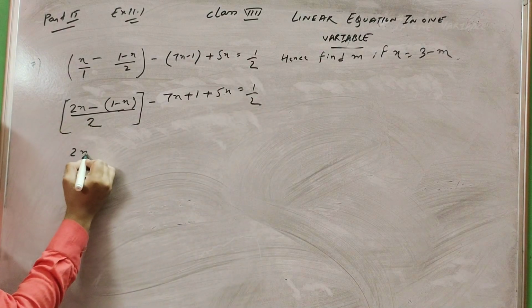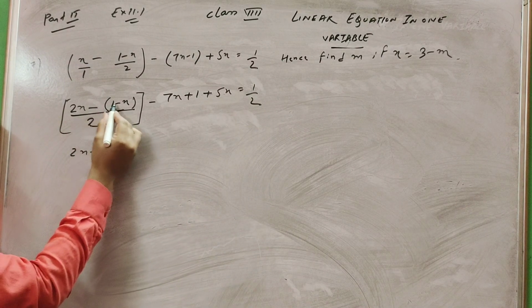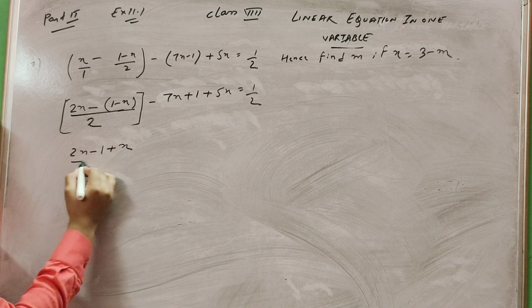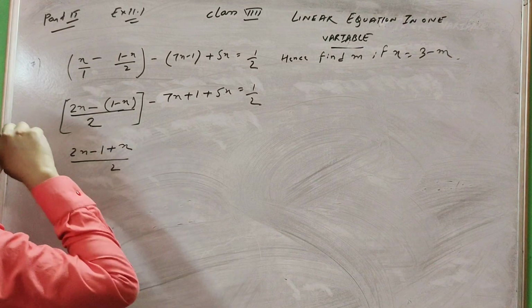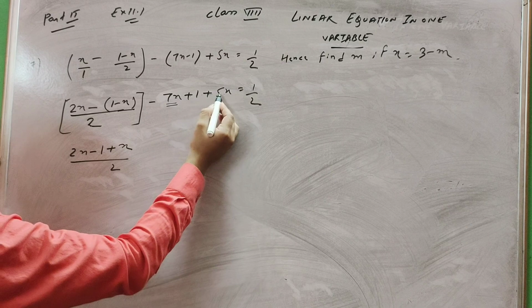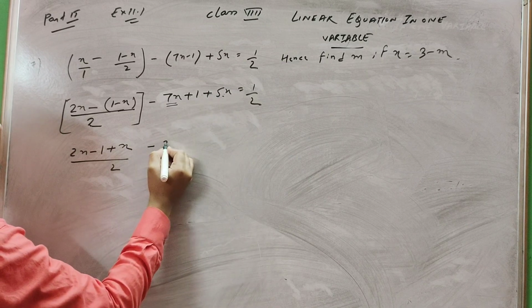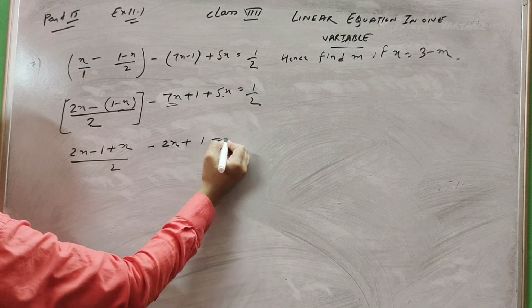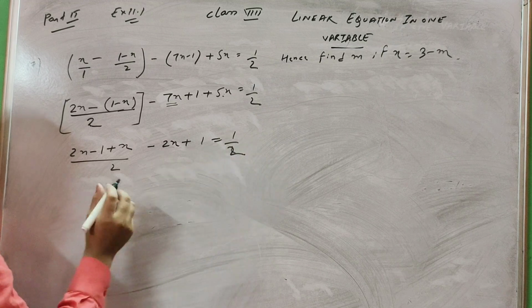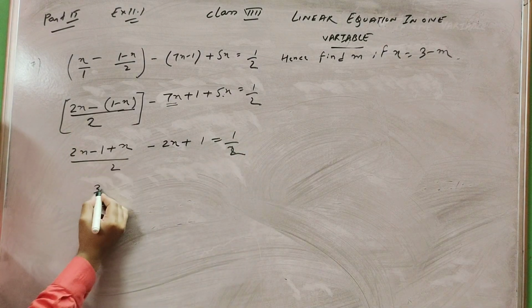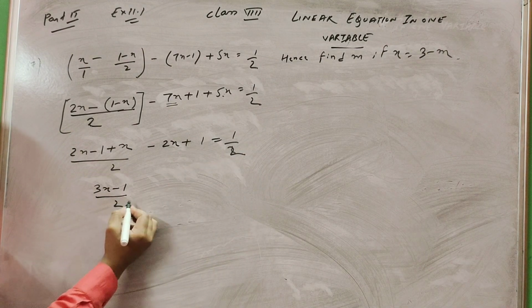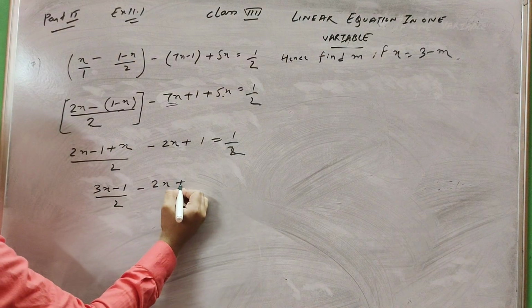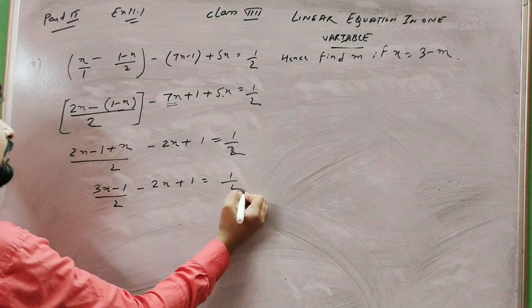So 2x minus 1 plus x by 2, okay, minus 7x plus 5x, that is minus 2x plus 1 equals 1 by 2. So 2x plus x, that is 3x minus 1 by 2, minus 2x plus 1 equals 1 by 2. Clear?